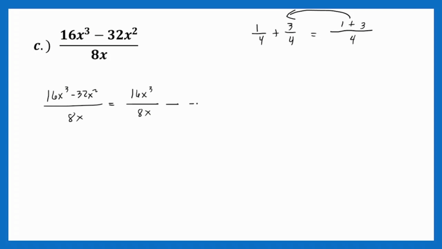So, magiging siyang ganito. So, yung 32x squared over 8x pa din. Again, ang ginawa lang, pinaghiwalay yung dalawa. So, eto, in-over natin sa 8x, minus, eto din, in-over natin sa 8x. Ayan. So, eto ang pinakauna mong gagawin once na nagdi-deal ka sa polynomial divided by a monomial. Lagi pong ganyan. Okay?